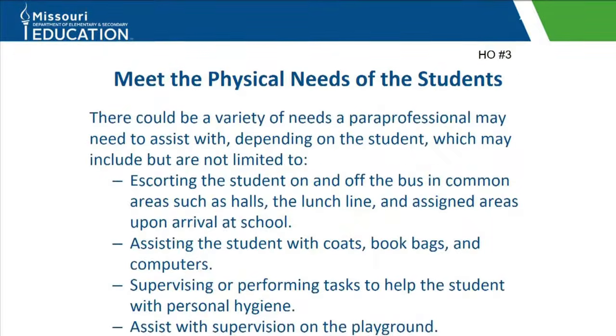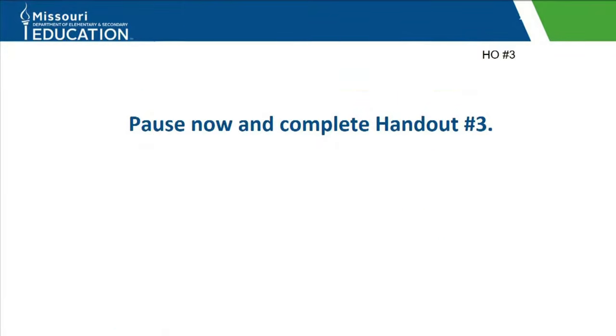There could be a variety of needs a paraprofessional may need to assist with, depending on the student, which may include, but is not limited to, escorting the student on and off the bus, in common areas such as halls, lunch line, and assigned areas upon arrival at school, assisting the student with coats, book bags, and computers, supervising or performing tasks to help the student with personal hygiene, and assisting with supervision on the playground. Pause now and complete handout number 3. Be ready to explain your answers.